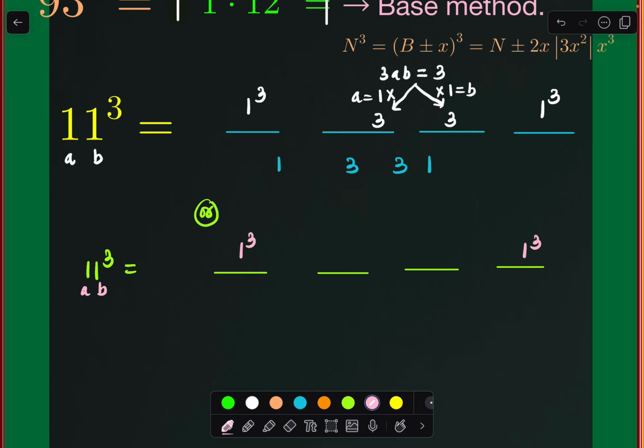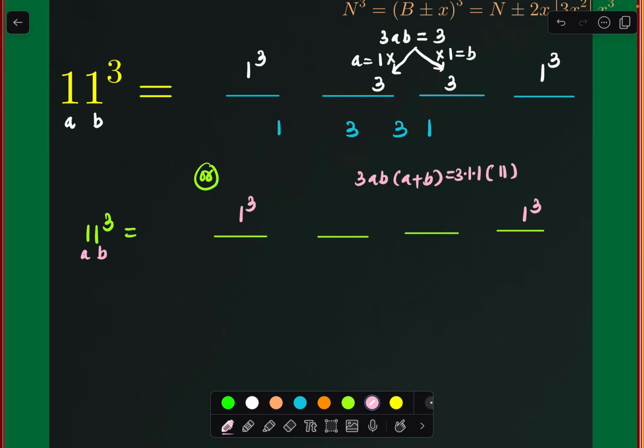The middle number is 3ab into (a plus b). Now the 3ab value is 3 into 1 into 1, and the a plus b value is 11.